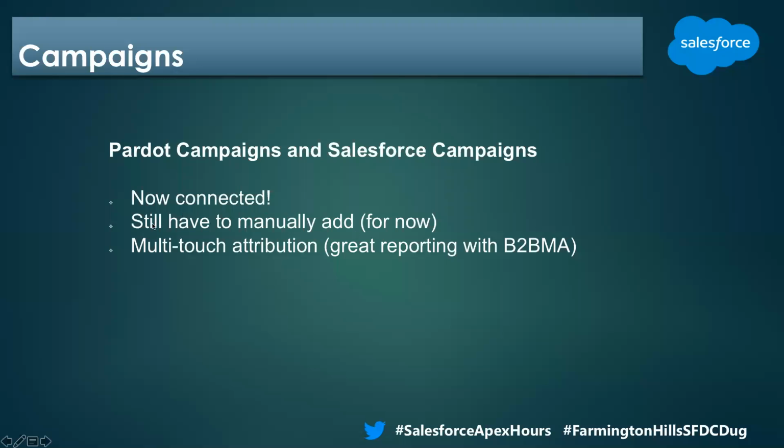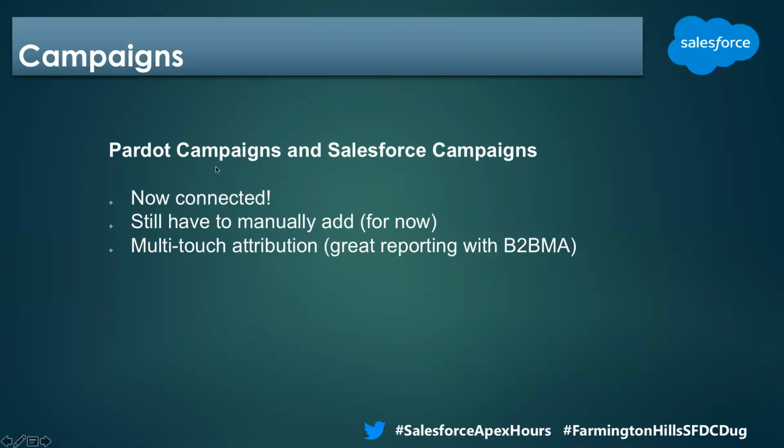The one thing is that you do still have to manually add prospects to these campaigns. With Pardot campaigns, the source campaign is automatically associated. So as soon as the prospect, for example, submits a form with a particular campaign, they would be automatically associated to that campaign.